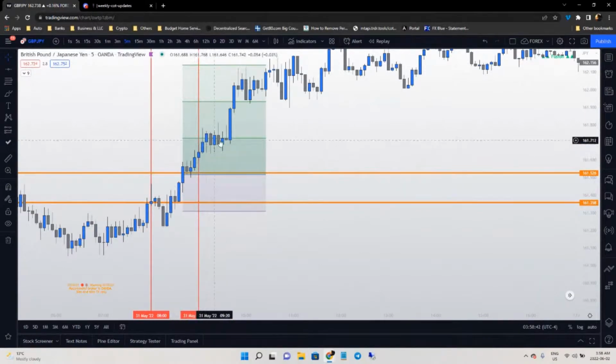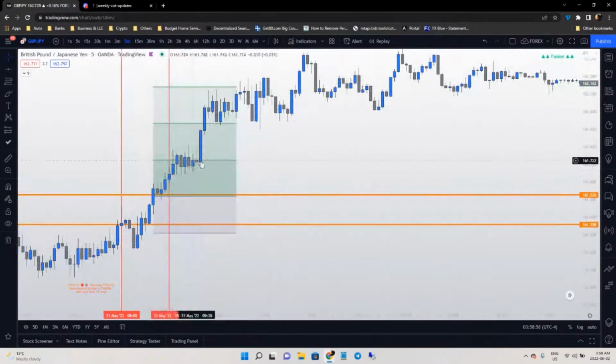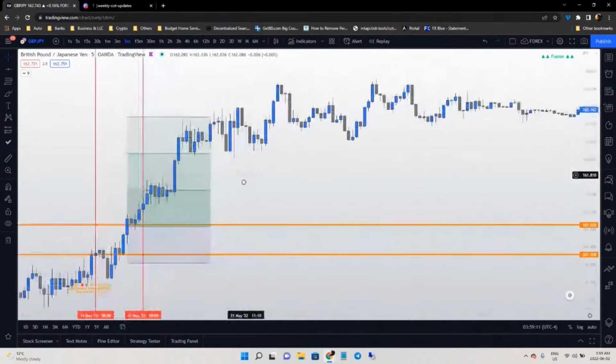And as long as the price is going up, my next stop loss or my trailing stop is this region. Okay. Then I see exactly what the market does. And if it's still going up right now, this is a good area to put your trailing stop right here at TP1 if the market continues going up.